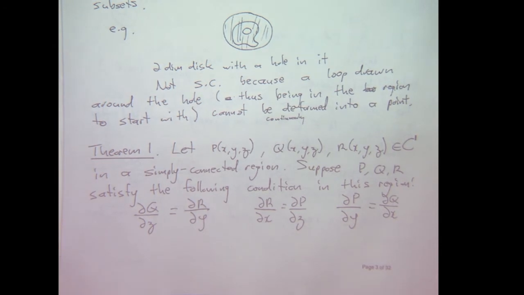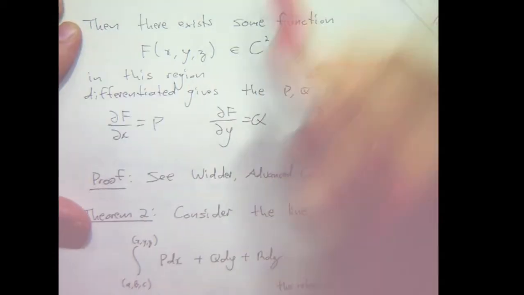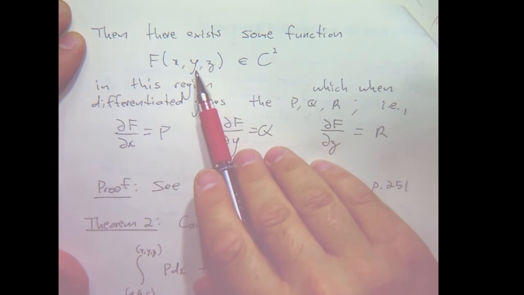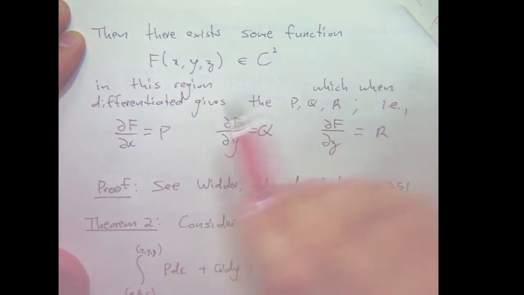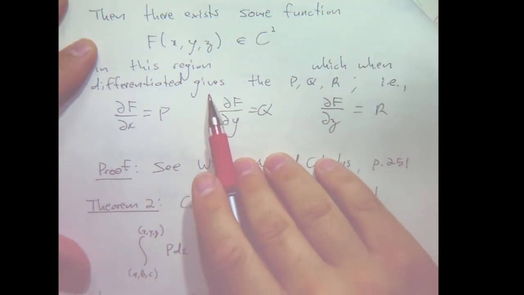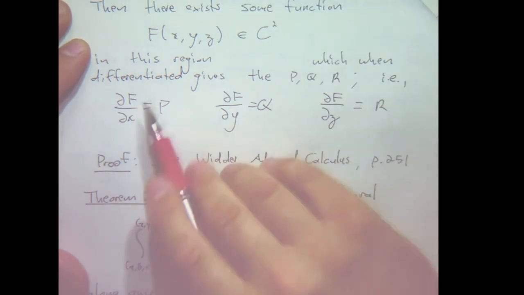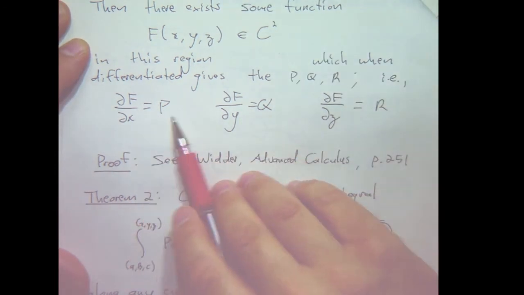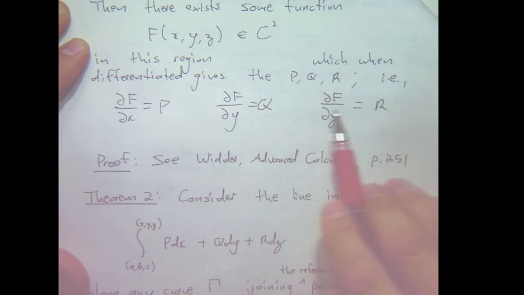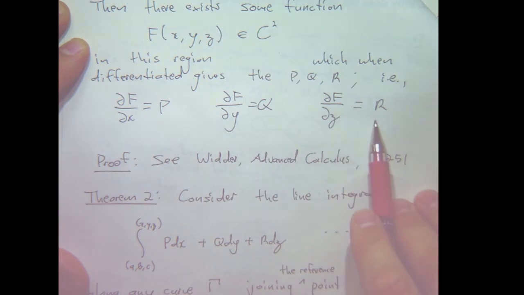It's kind of a cyclic permutation. Then there exists some function f of x, y, z in the region, which when differentiated gives the pqr's. So df by dx equals p, df by dy equals q, and df by dz equals r.